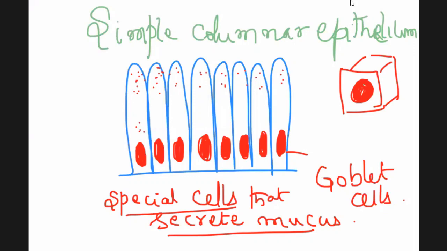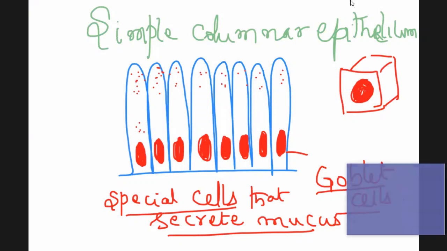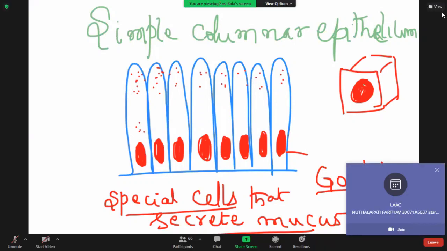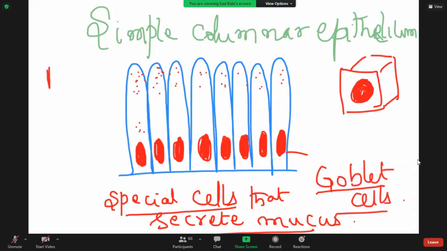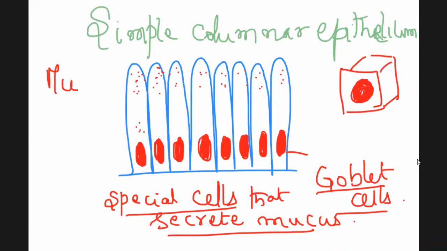In our respiratory tract, goblet cells are there. In our digestive system, intestine, goblet cells are there. This type of epithelium is seen in the mucosa of stomach and intestine.